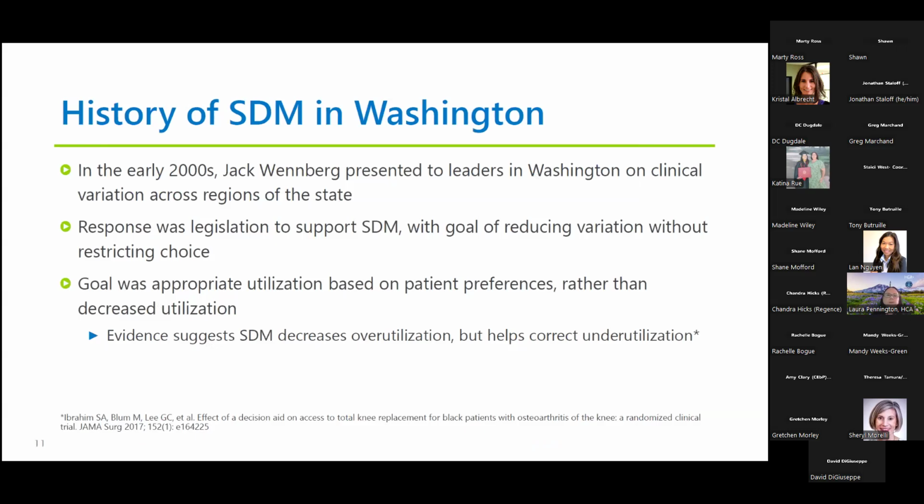So I want to give you a quick overview of what we've been doing in Washington State. The truth of the matter is that shared decision-making has been around since the 1980s, but we just really started focusing on it on a statewide basis around the 2000s. In the early 2000s, Jack Wennberg from the Dartmouth Institute was doing a study on variation in care.